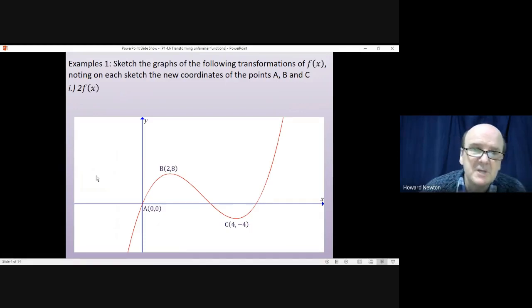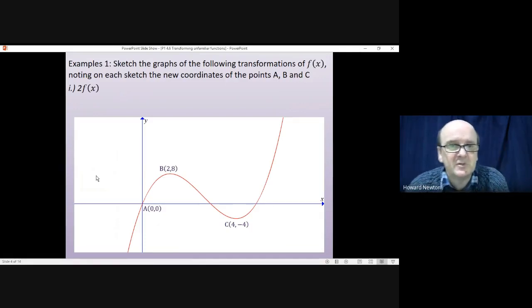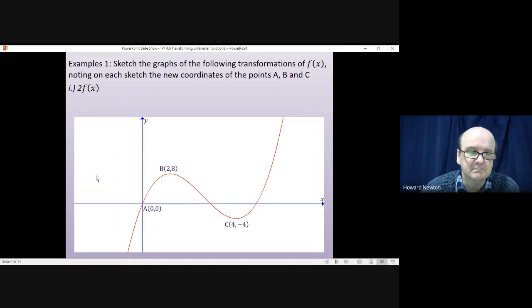The first thing we're asked to do is the transformation 2 times f of x. Well, that's a stretch in the y direction. It means that every point is going to move away from the x-axis. The y values are all going to be doubled.